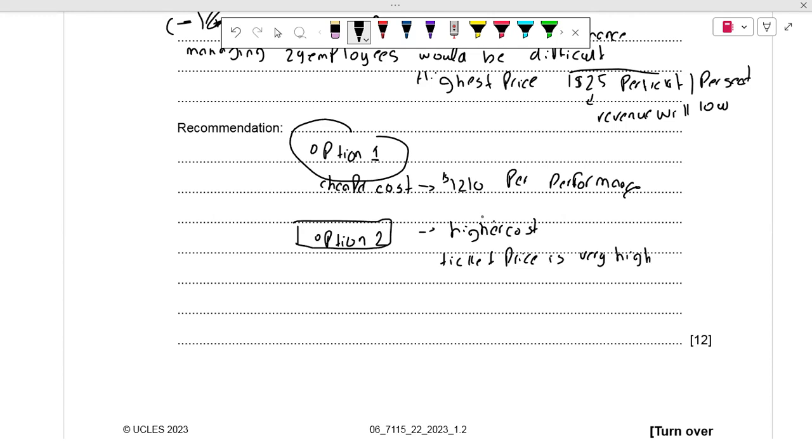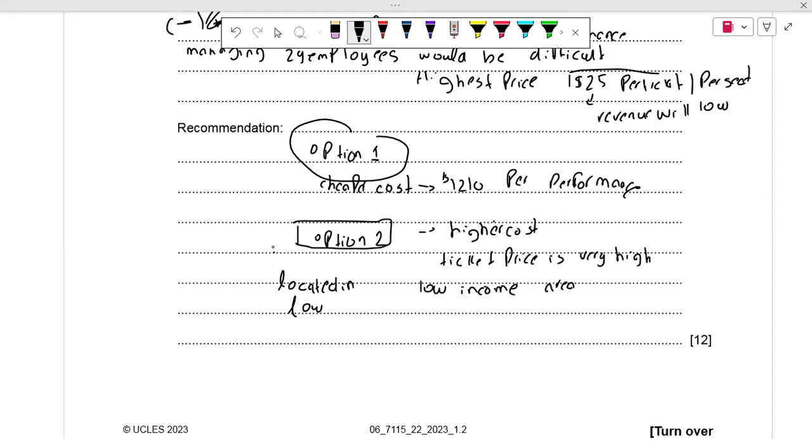So if the ticket price is so high, and it is located in a low income area, which I have mentioned earlier, then option 2 will not be suitable, and the theater may not sell all 100 seats and the estimated revenue may not be received.